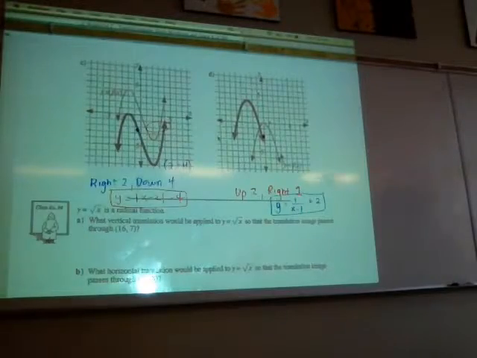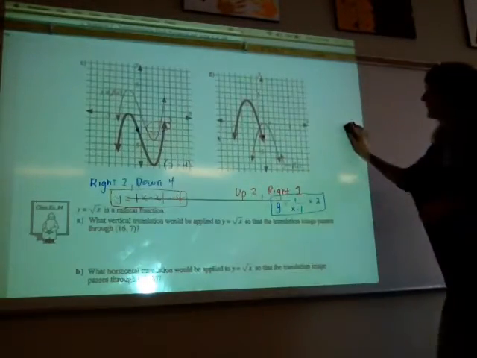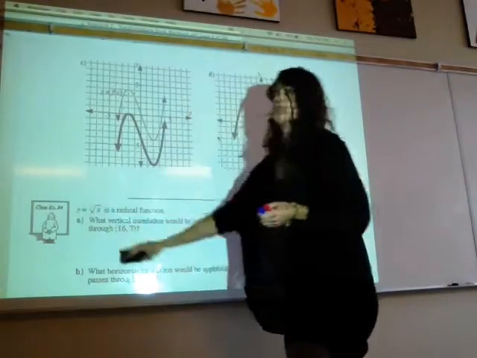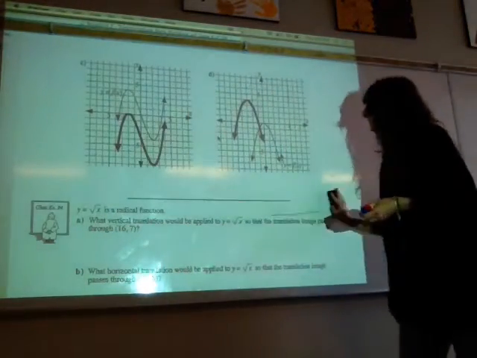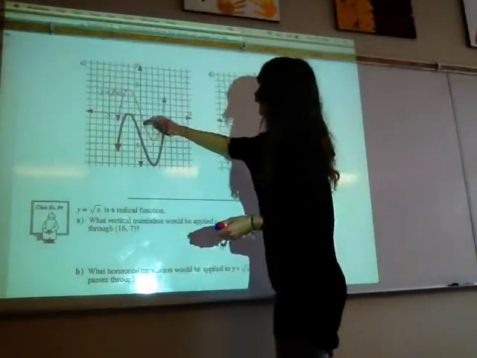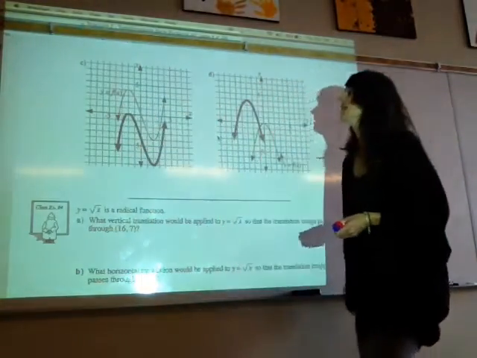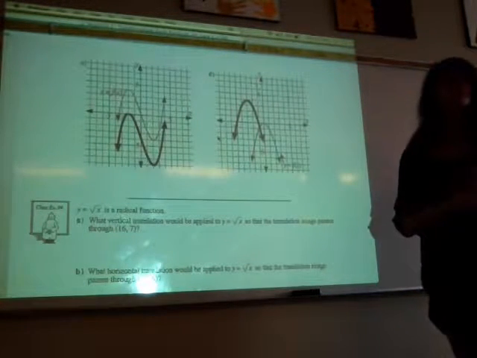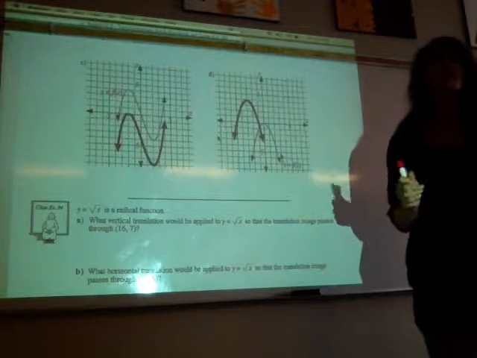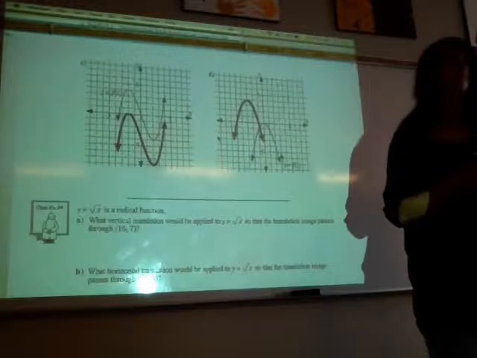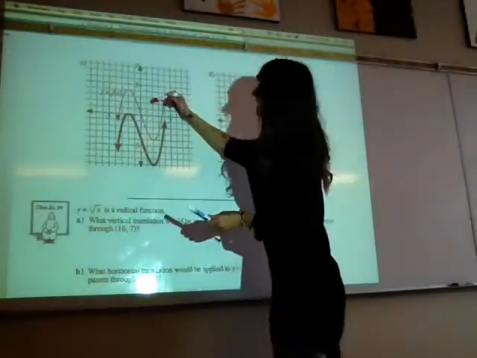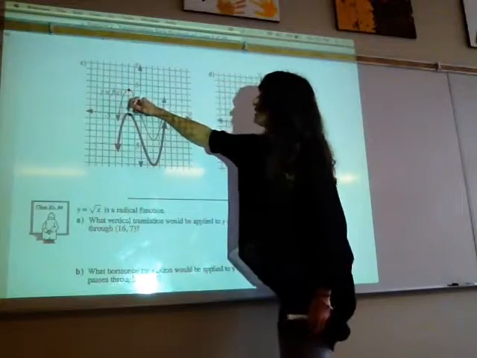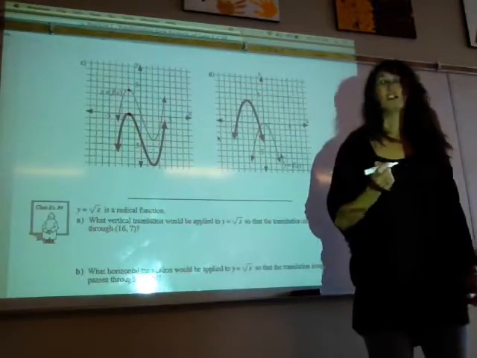Okay, C and D, they don't give us the actual equation, but we still have to figure out how it's transformed, and we're going to put our answer in function notation, not into an actual equation. Again, the original graph is the thin line, and we've got to figure out how it transformed to the thick line. Take a look, how many spaces has it moved left or right, up or down? If we took this critical point here and moved down 1, 2, 3, 4, you have the top of the mountain on the thick graph.